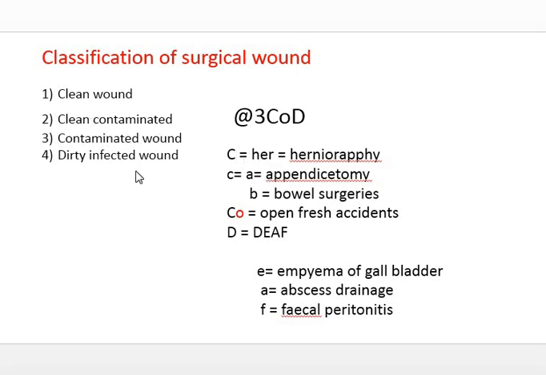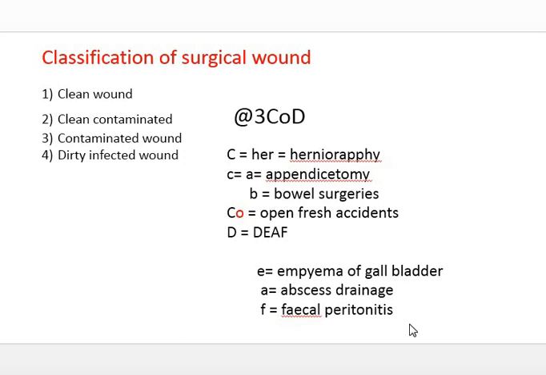Next, C comes after A and B, so appendectomy, bowel surgeries, gallbladder, biliary and pancreatic surgeries. Then the last one is CO. The C which has O means open bowel surgeries. And last, D, you go with deaf, and that is empyema of gallbladder, abscess, and fecal peritonitis.